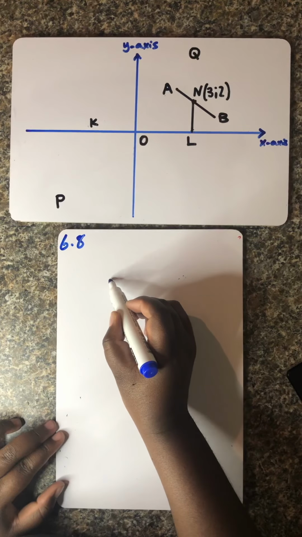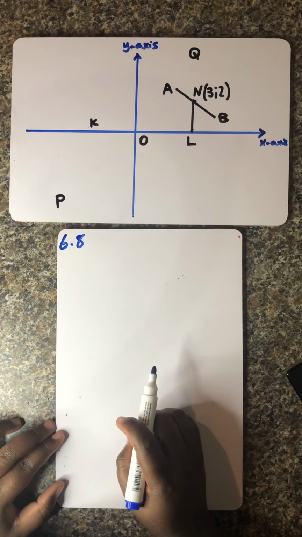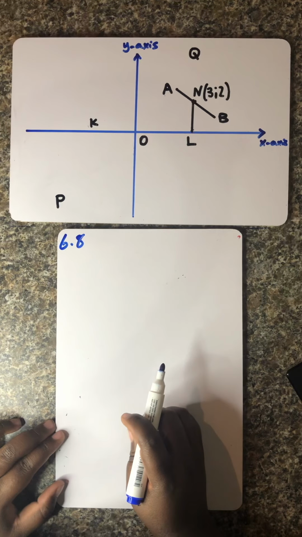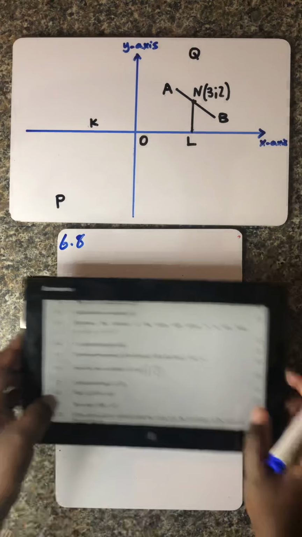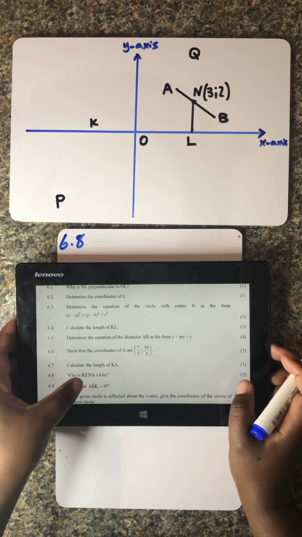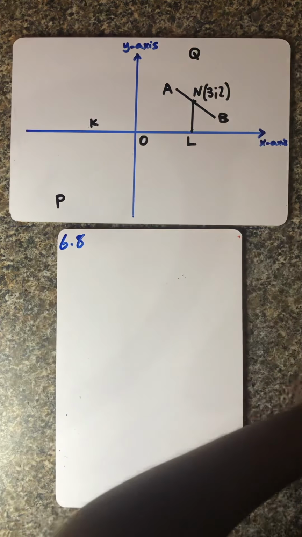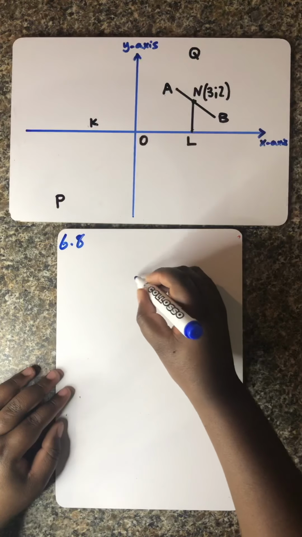Let me think of something so that it actually makes sense. Let me just check the question. They're saying, why is KLNA a kite? Let me just do this.